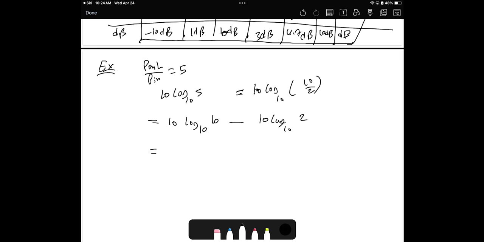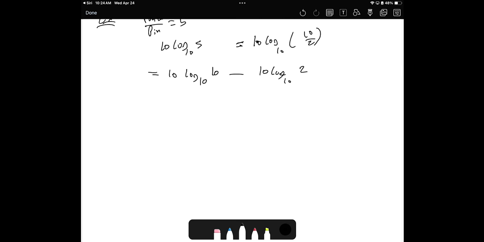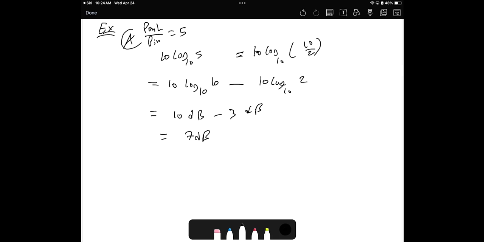We distribute this. So it will be 10 log 10, which is 10 dB, minus 10 log 2, which is 3 dB. So the answer will be 7 dB. So that's how we can use the analysis method. So this is part A. Part B, if it is 60, the ratio equals 6.